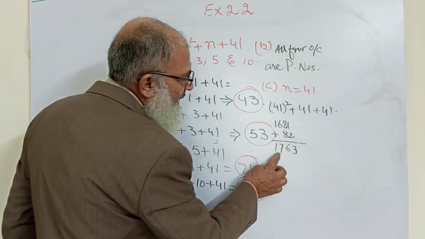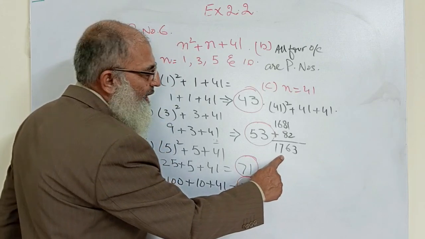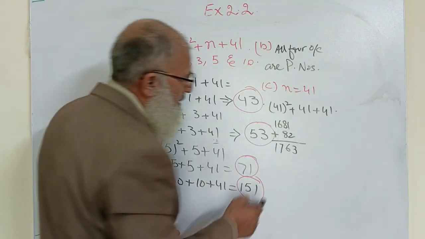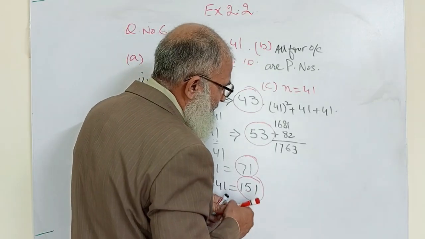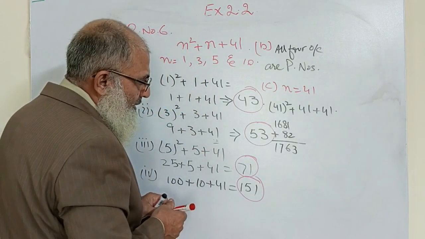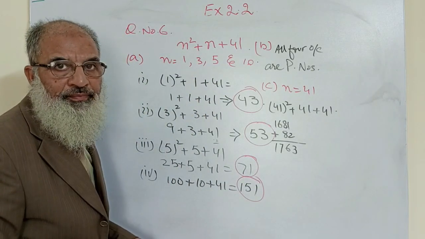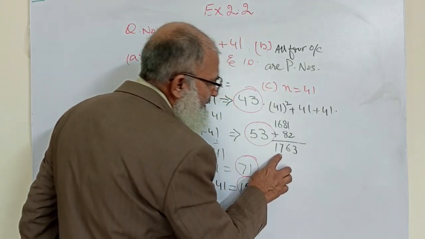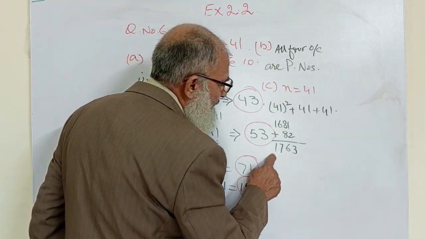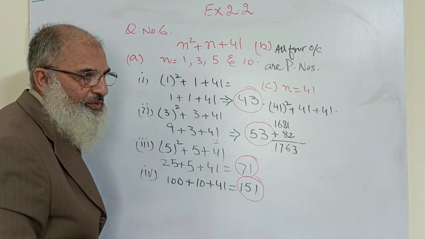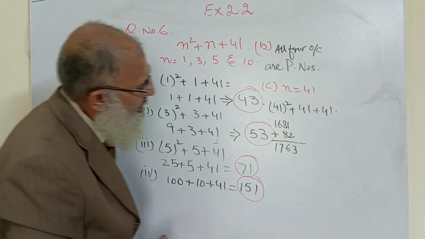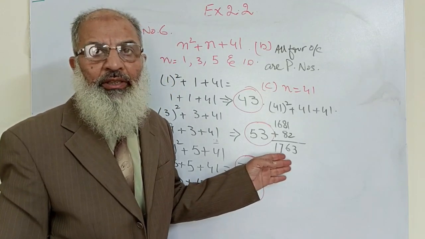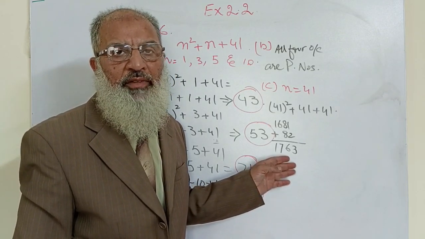As you see that 1 plus 7 is 8, and 8 plus 9 is 17. So it is not divisible by 3 either, because 9 and 7 is 16, 16 plus 1 is 17. So it is not divisible by 2, it is not divisible by 3, it is not divisible by 5, it is not divisible by 10.